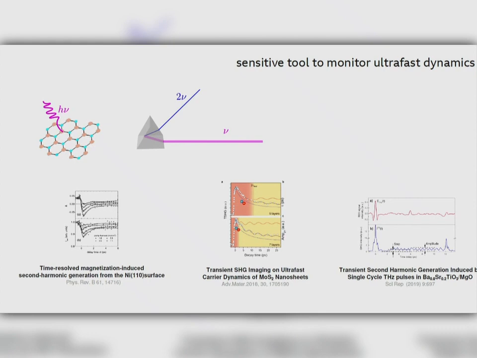Just monitoring the second harmonic, they were able to look at the magnetization induced by the pump. Here, they were able to follow the excitation from the pump, and then the decay of the excitation into phonon modes. These are a couple more examples.